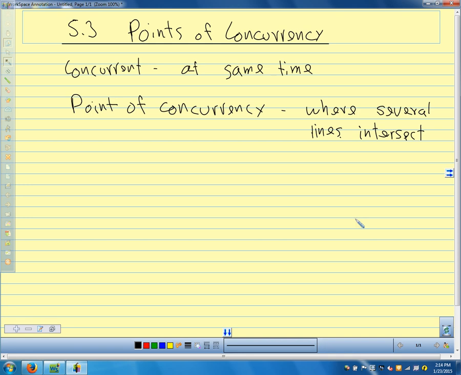All right, today we'll talk about two special points of concurrency, and Monday we'll talk about two more special points of concurrency in triangles. Today our points of concurrency have to do with angle bisectors and perpendicular bisectors. So our first theorem: the perpendicular bisectors of the sides of a triangle.